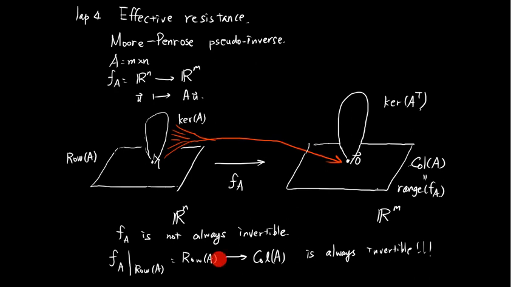And their dimensions are equal to the rank. Okay, so that's the main idea here. Let's call that f sending R to C, which is equal to AR. So that's the idea.